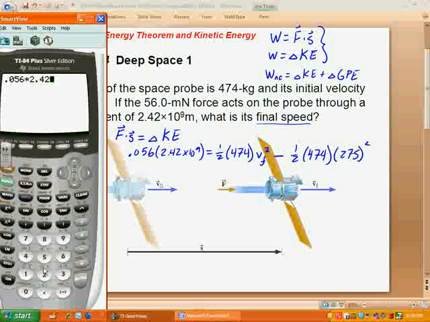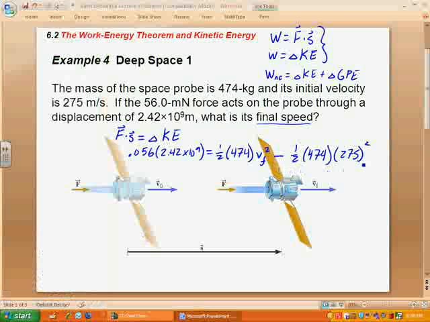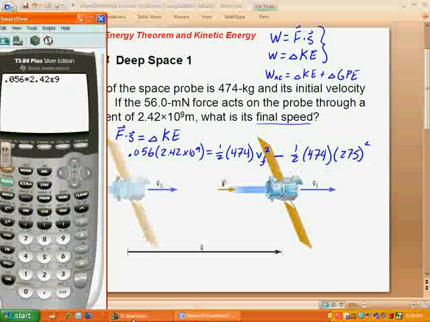Now, this right here needs to be added to the other side. So I'm just going to go plus 0.5 times 474 times 275 squared. Now I'm left with this number equal to 1/2 times 474 times v squared.